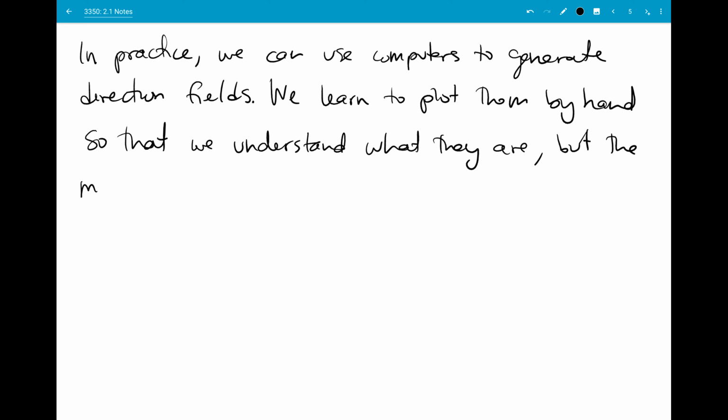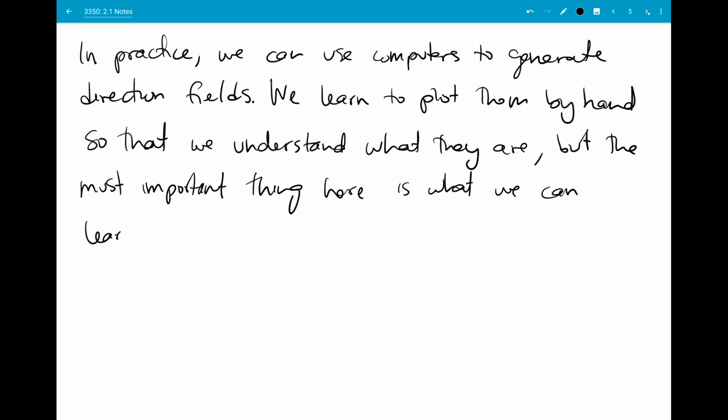But the most important thing is what we can learn from a direction field. And so in the next video, I'm going to show you an example that uses a computational tool that I'll give you a link to just so that we can see how that works real quick.